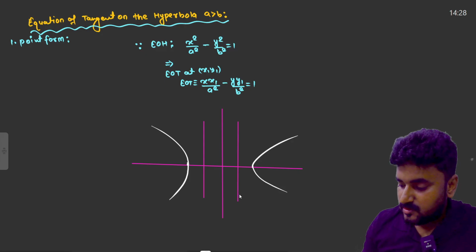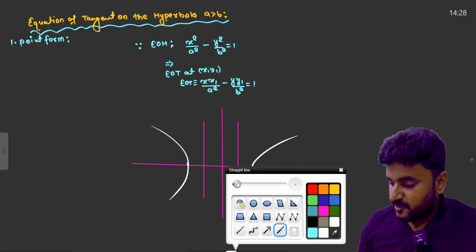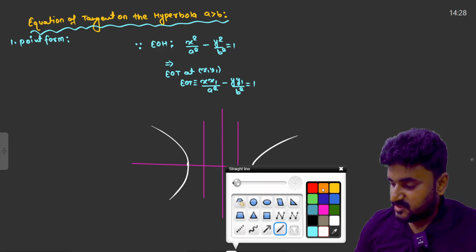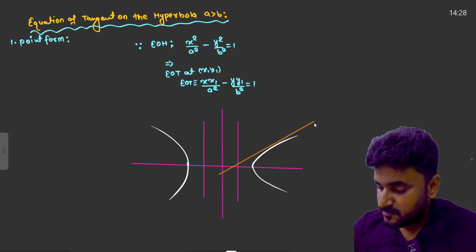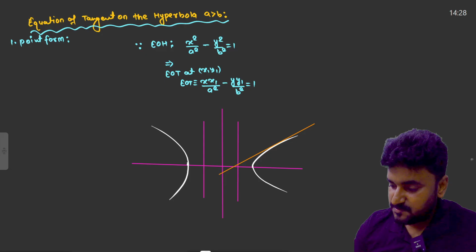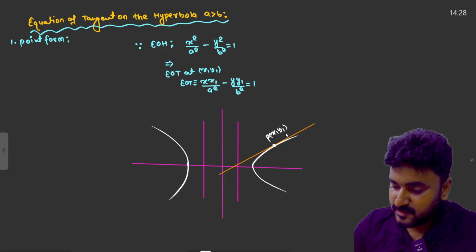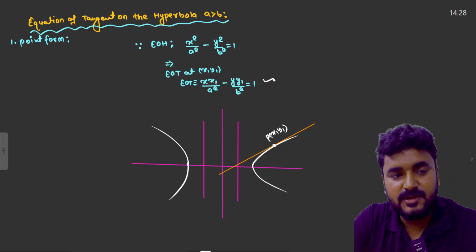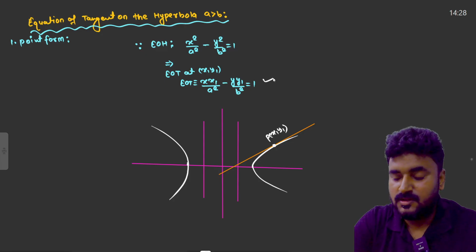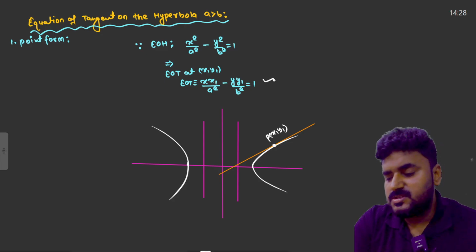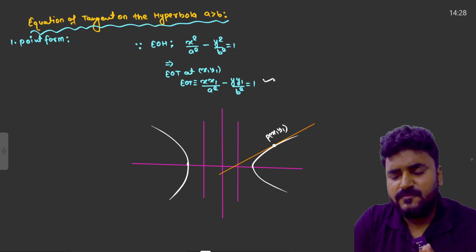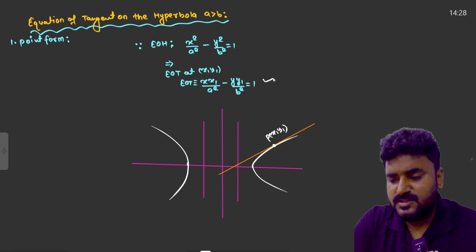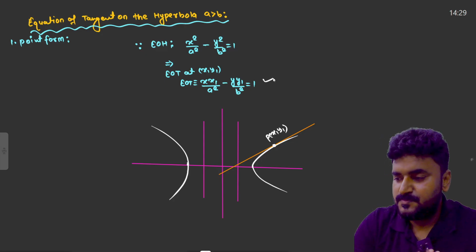Now if you are taking the tangent equation on this hyperbola at the point P, suppose this is the point P, you can write x x1 by a square minus y y1 by b square equals 1. Students, the same thing we can find in another way.